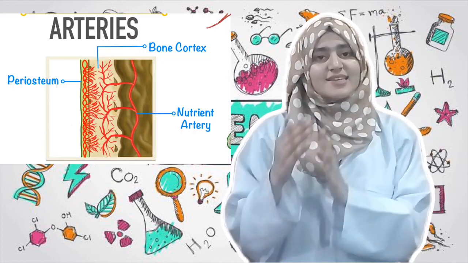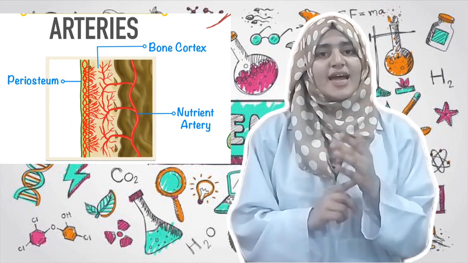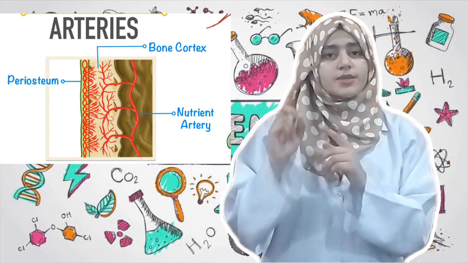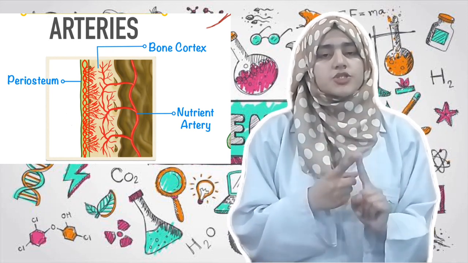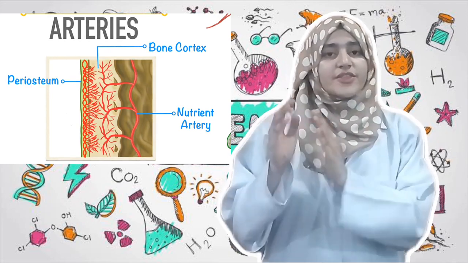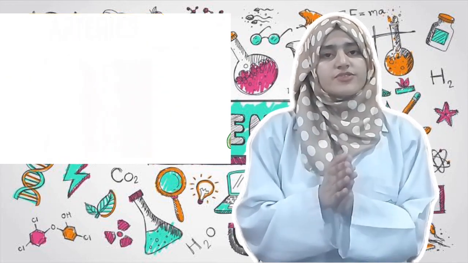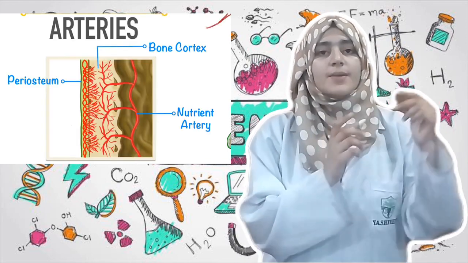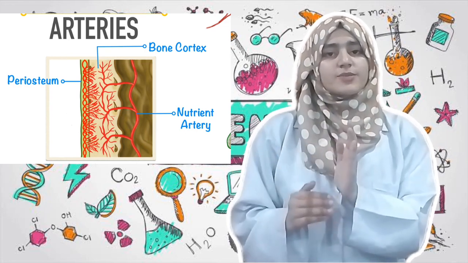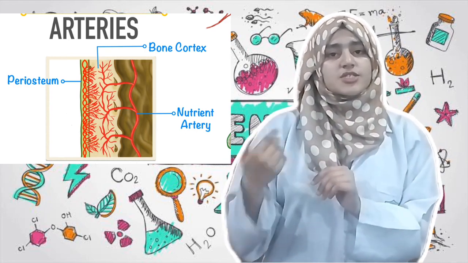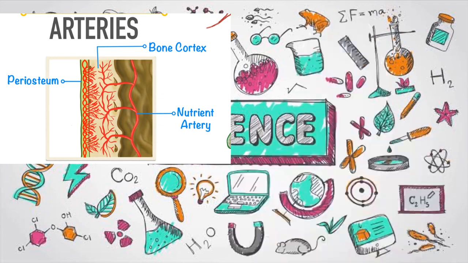The arteries enter into the bony tissues and supply blood to one part of the bony tissue of the diaphysis. The one part of bony tissue of the diaphysis receives blood from periosteal arteries and the remaining three parts receive blood from radial branches of nutrient arteries.